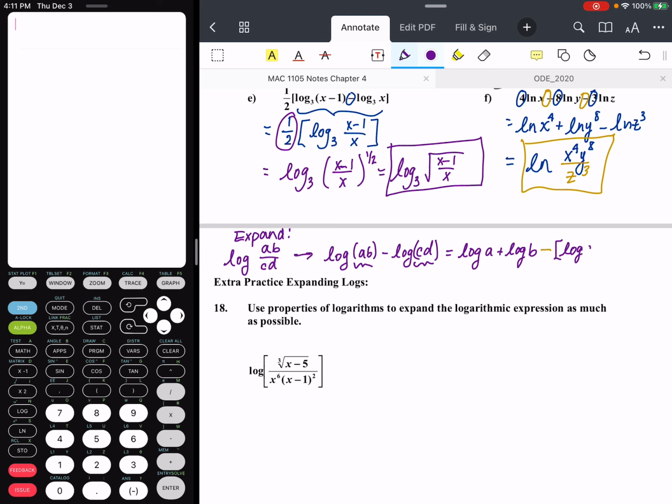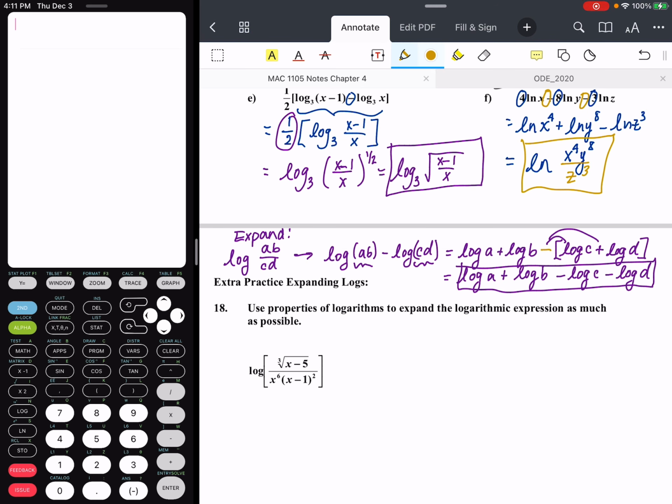So the log of c plus the common log of d. But we had that minus sign out in front, so if I distribute that, we end up with log of a plus log of b minus log of c and minus log of d. So that would be our expanded form there.